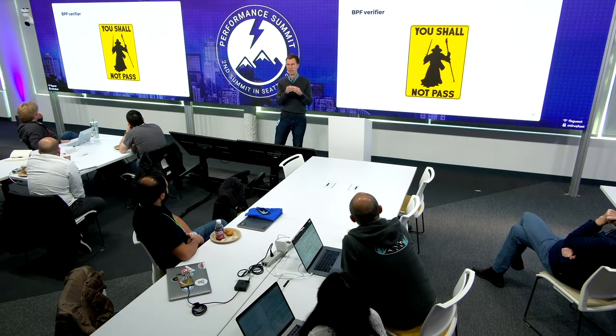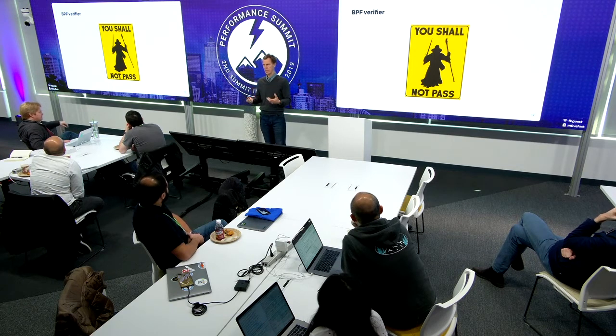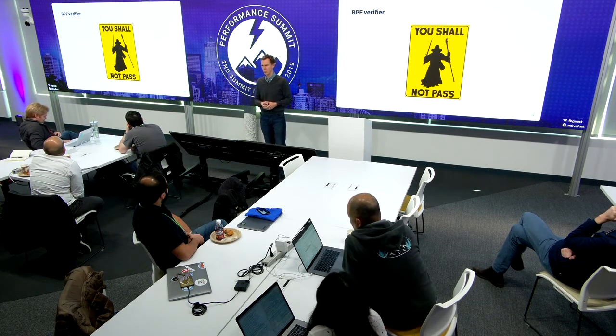And it's absolutely not okay for this analyzer, the verifier, to produce a false negative, because it's a safety issue. It cannot say, well, maybe it looks okay, so let me accept it in the kernel. This is not okay for the kernel. It has to guarantee that the program will be correct.